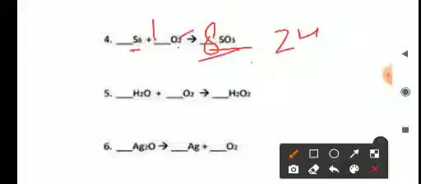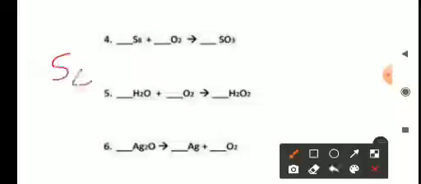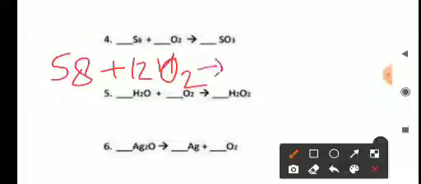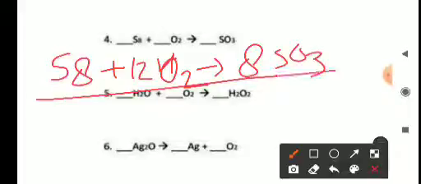If you add 12 here, 12 times 2 is 24. So S8 plus 12 O2 gives 8 SO3. This is the balanced equation.